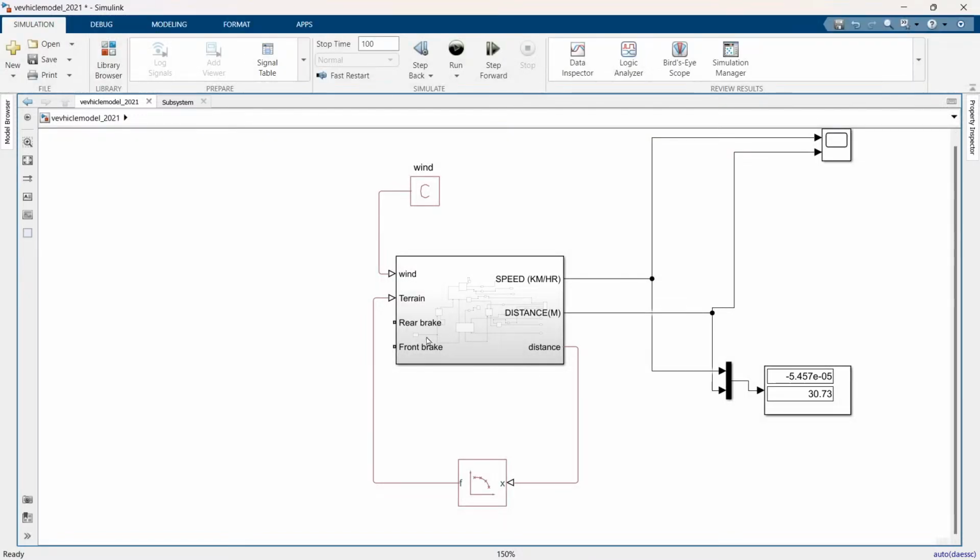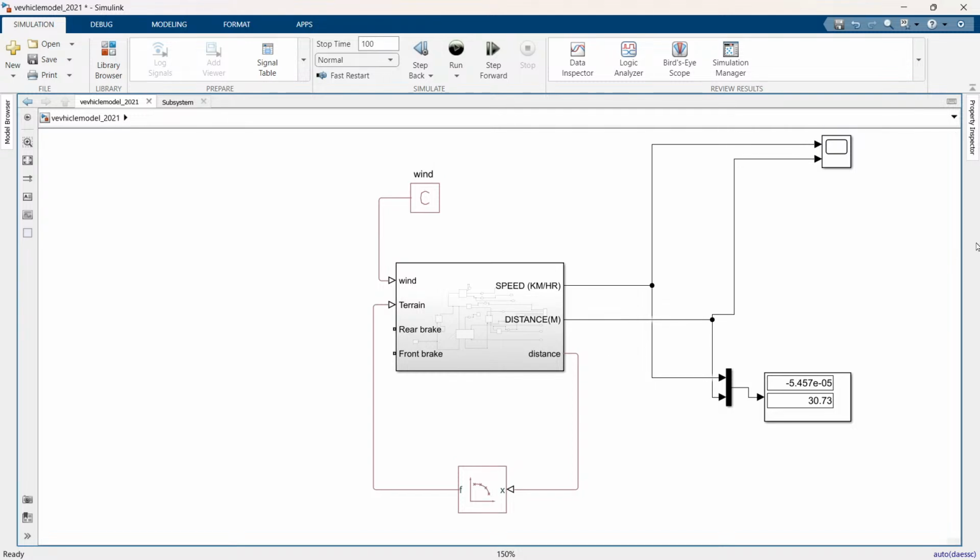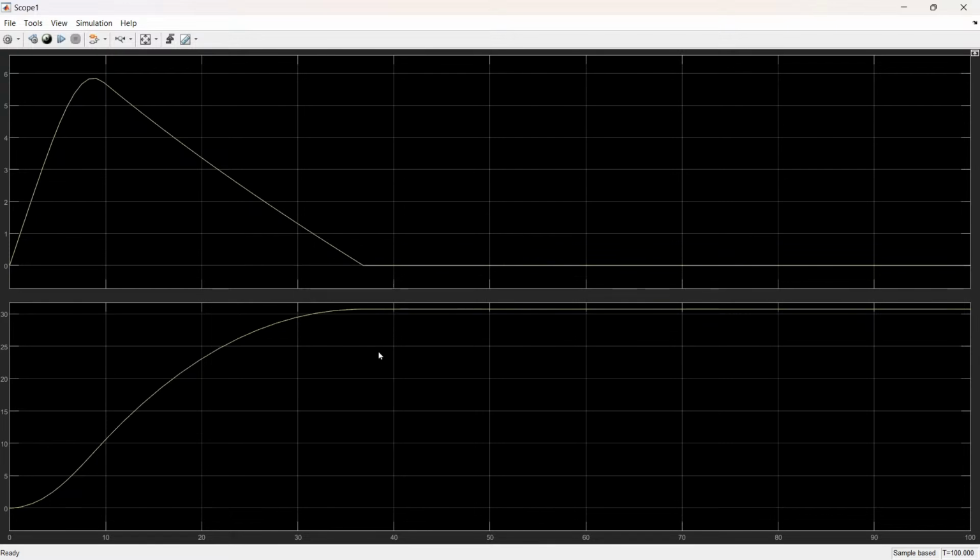Let's see our speed and distance waveform here. Double click on this scope. You can see your speed and also the distance. This one is the speed profile and this one is the distance profile. Till 10 seconds, the slope has been applied.